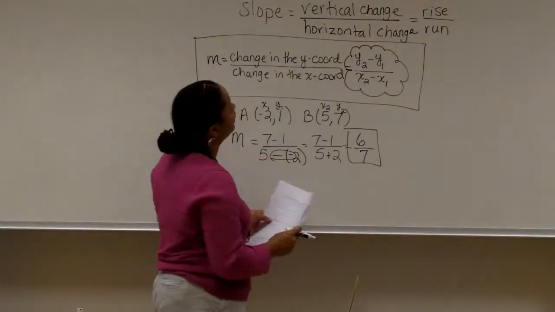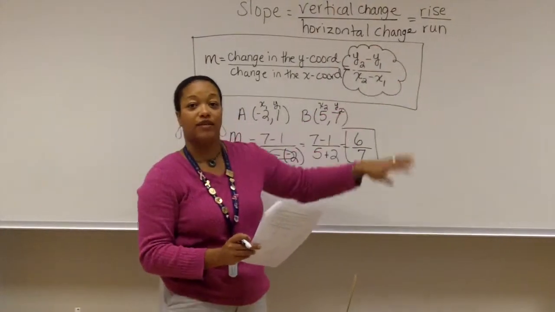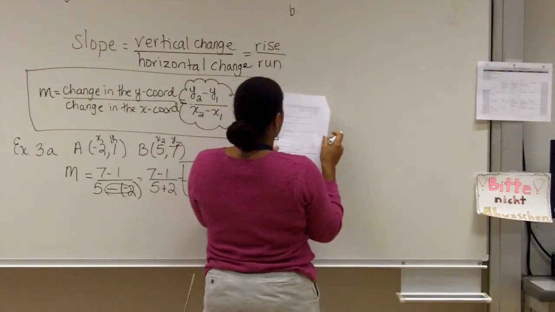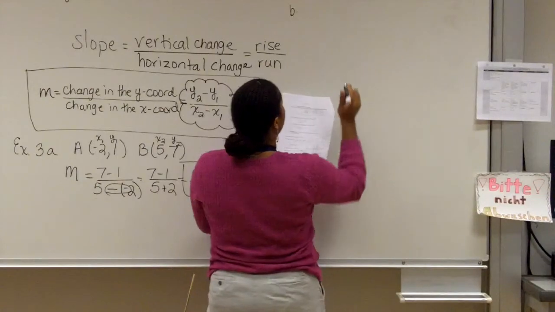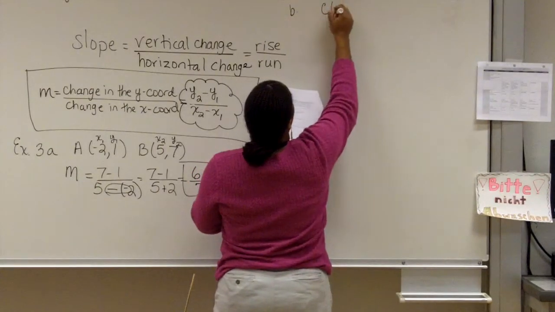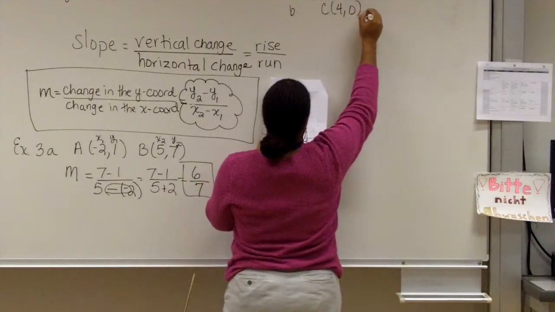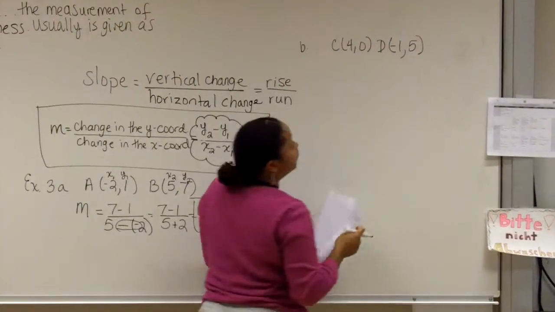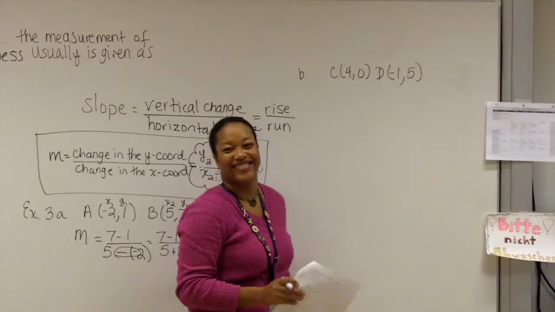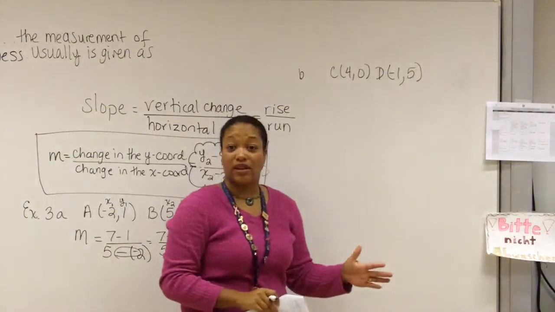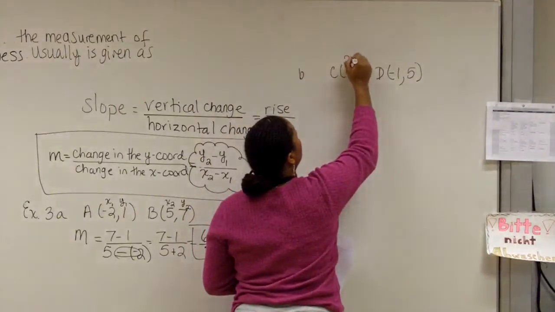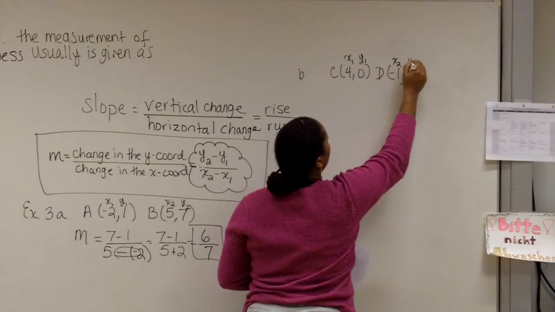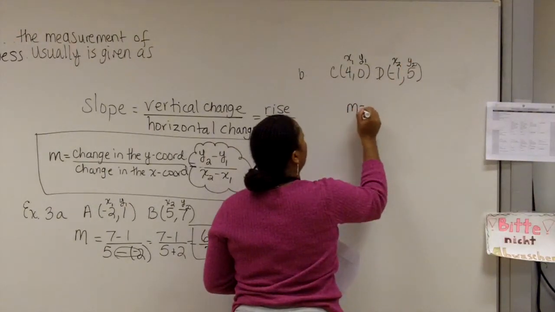Right? Let's try another. For letter B, we want to find the slope between the points C, 4, 0, and D, located at -1, 5. So 2 more points. Same formula. I'm going to label my coordinates: there's x1, y1, x2, and y2, and now it's a plug and chug.